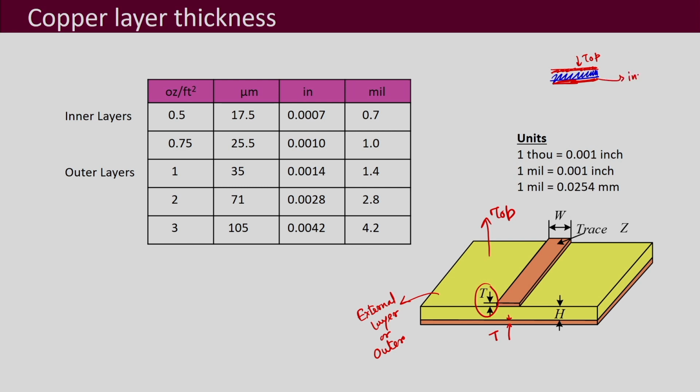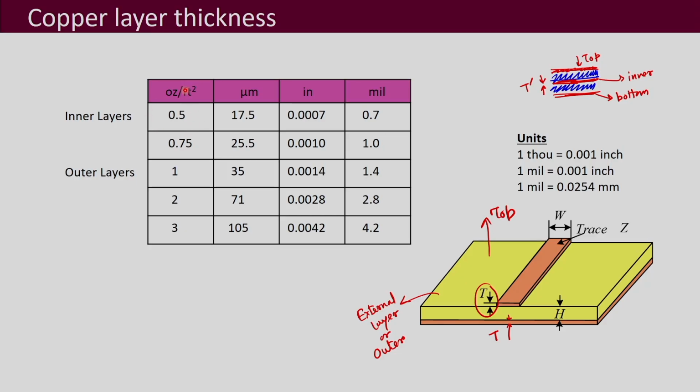Further again there will be insulating material, and then again we will have the bottom layer. This inner layer's thickness is usually different from the top layer and the bottom layer thickness. So, what are the usual copper layer thicknesses that are used?